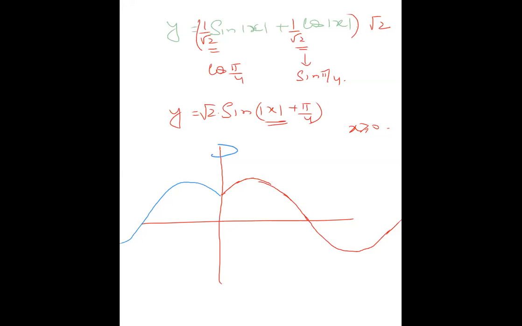This is symmetrical about the y-axis, so the reflection of the graph with respect to the y-axis is the graph with mod. For x greater than or equal to 0, the same graph you have to draw for x less than or equal to 0. I guess it is clear to all. I proceed.